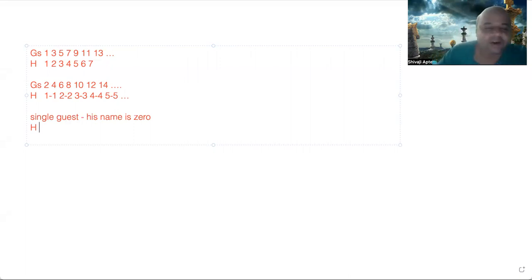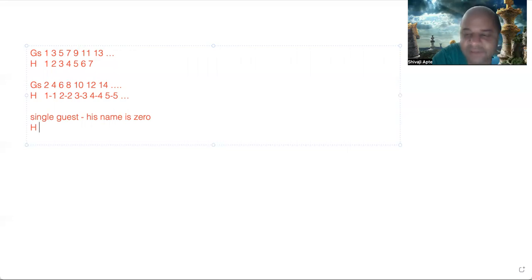He says, all the previous guests, you come out and just shift one place to the right. So guest number 1 will go into room number 2, guest number 2 will go into room number 3, guest number 3 will go into room number 4, and naturally the first room will get empty.